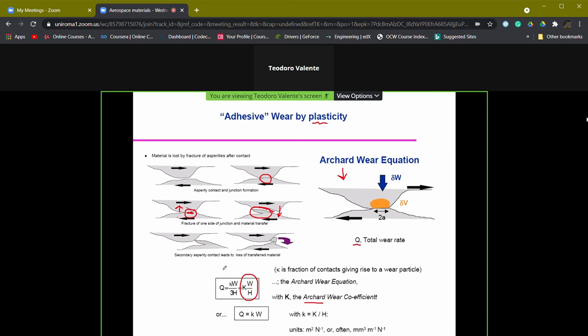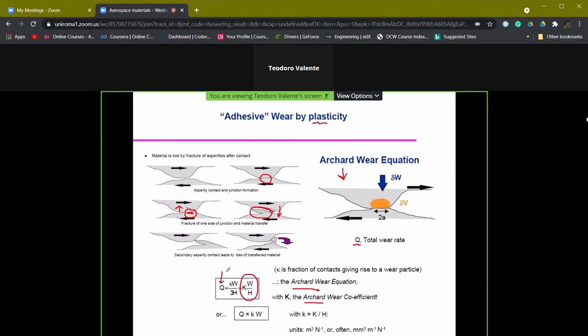And this equation is the Harshad wear equation, here reported, where we have the first term, Q, capital letter, which represents the volume of material which is transferred, or if you want, which is consumed per unit time and per unit length of relative sliding.